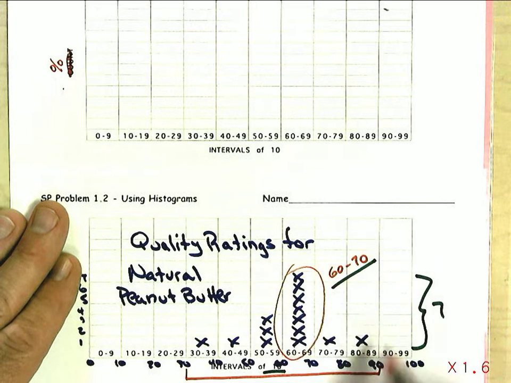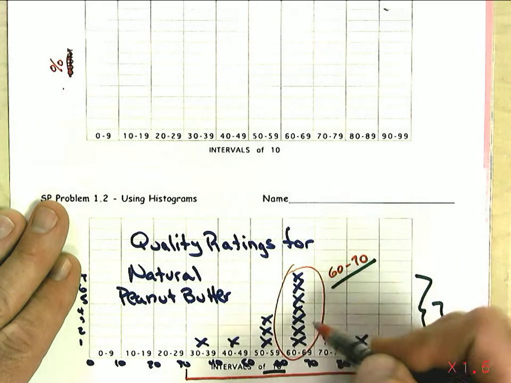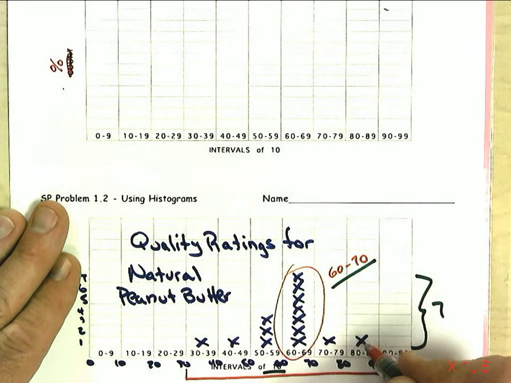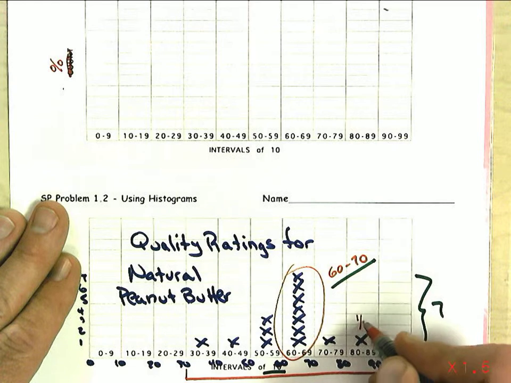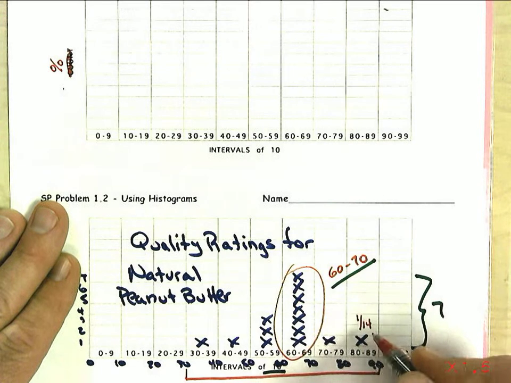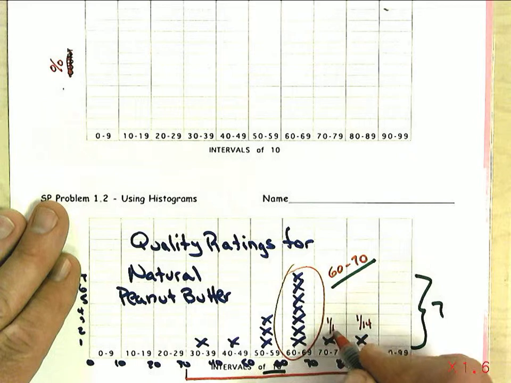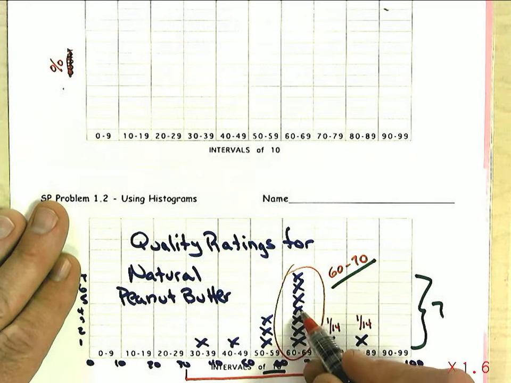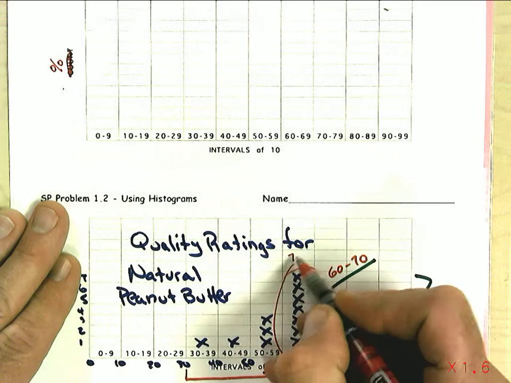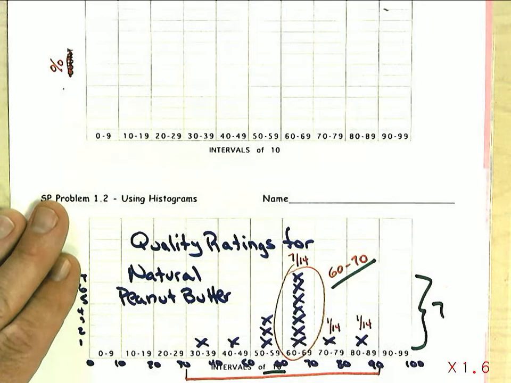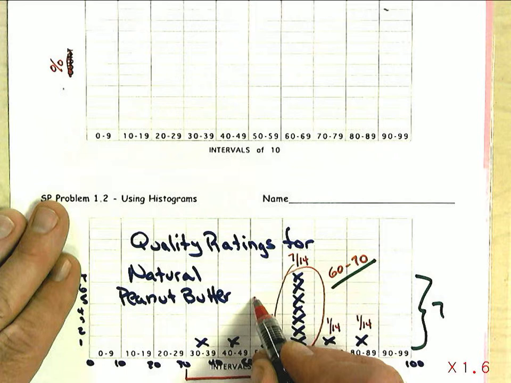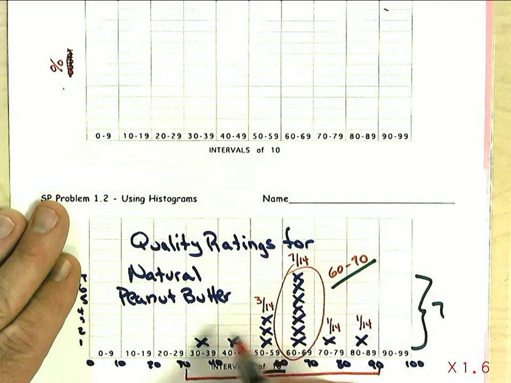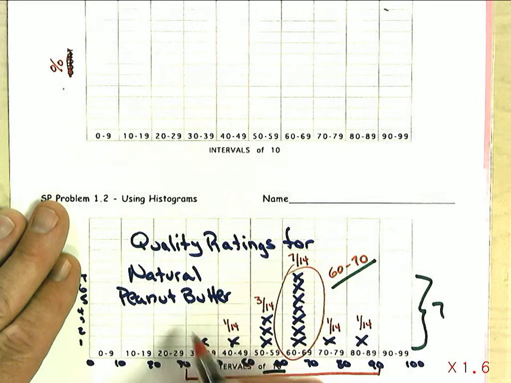So there's 14 marks in here, 14 quality ratings. One of them out of 14 is in this set. Another 1 out of 14 is in this set. 1, 2, 3, 4, 5, 6, 7 out of 14, which is half of them, are in that set. 3 out of 14 here, 1 out of 14 here, and 1 out of 14 here.